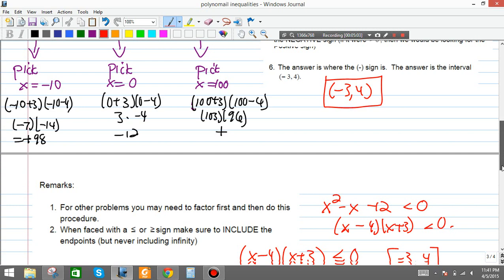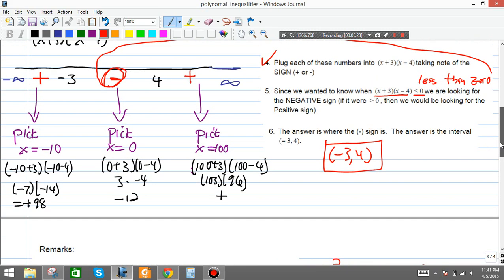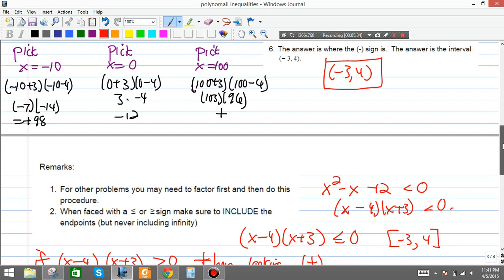And finally, if the question had been (x - 4)(x + 3) greater than 0, then we would have been looking for the plus signs, and the answer would have been negative infinity to negative 3, union 4 to infinity, because that's where the plus signs would have been.